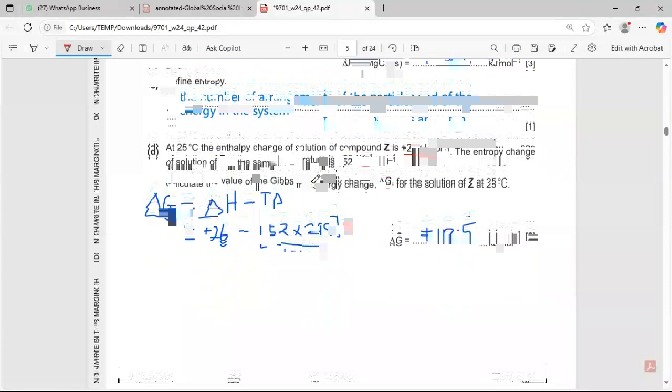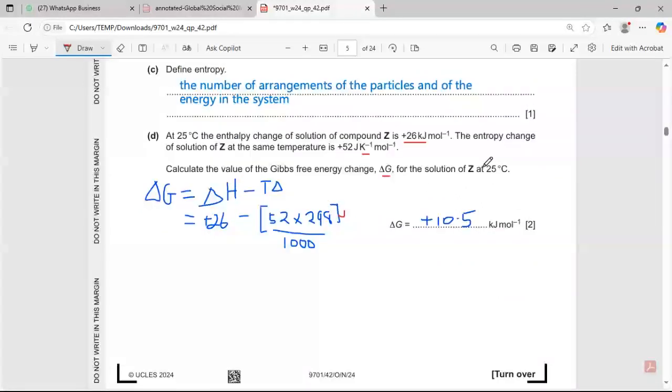Question D. At 25 degrees Celsius, the enthalpy change of solution of compound Z is plus 26 kilojoules per mole. The entropy change of solution of Z at the same temperature is plus 52 joules per Kelvin per mole. Calculate the value of Gibbs free energy change for Z at this temperature.